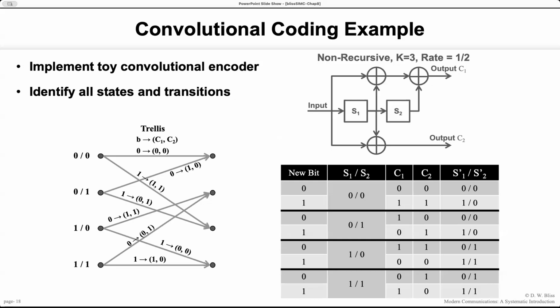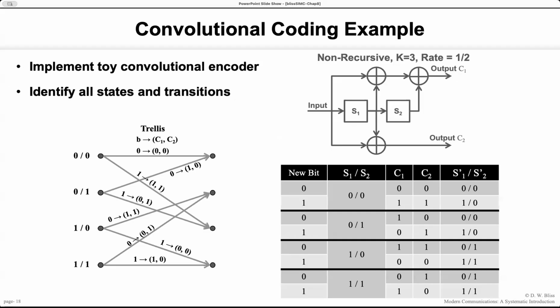The shift register is full of zeros and the input is 0. So if we go along the top path in our block diagram, S1 is 0, the input's a 0, so 0 plus 0 is 0. S2 is 0, so 0 plus 0 is 0. So C1 is 0. Along the bottom path, S1 is 0, and the input is 0. So 0 plus 0 is 0, and so the output C2 is also 0.